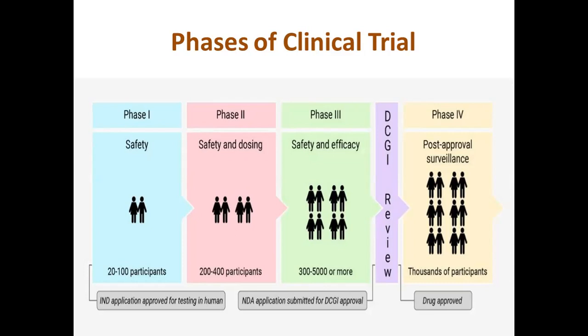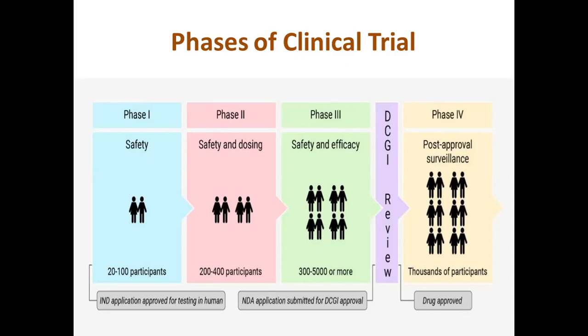In the phase 1 clinical trial, the main motto is to see the safety. Then it passes to the phase 2 clinical trial, where we check the safety and dose finding, done on around 200 to 400 participants. Then moving to the phase 3 clinical trial to check the safety and efficacy.